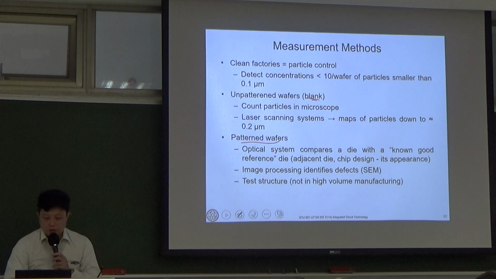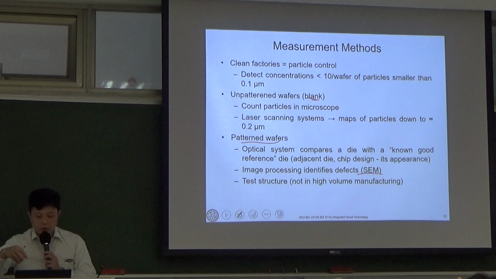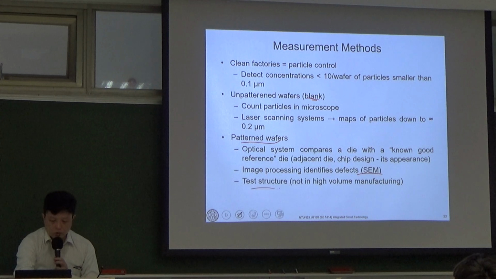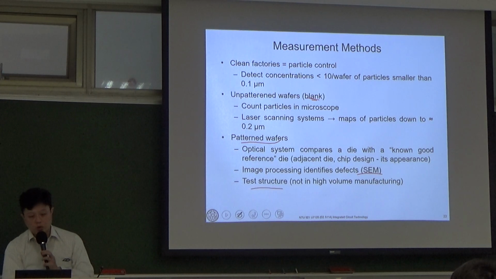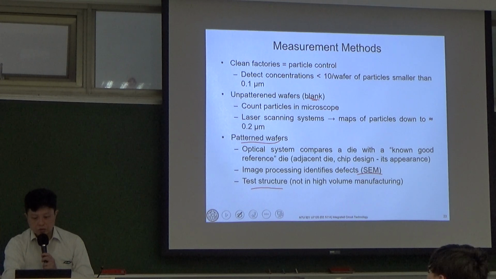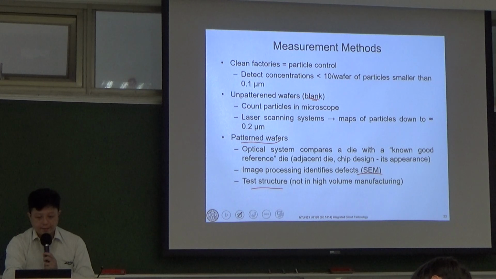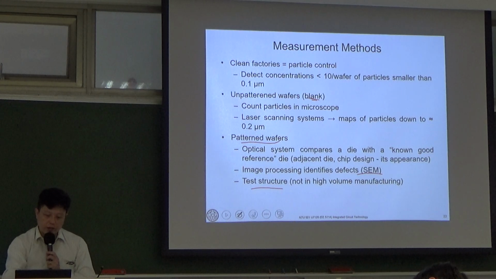And we can also use SEM to zoom in to identify the location of the defect. We can also design some test structures, some process control monitors, so we can check if we have some particles inside. We can test these structures electrically.